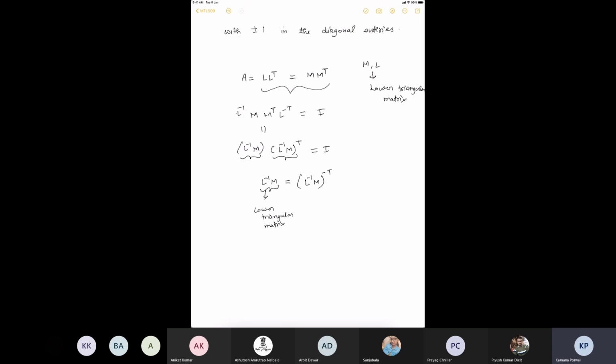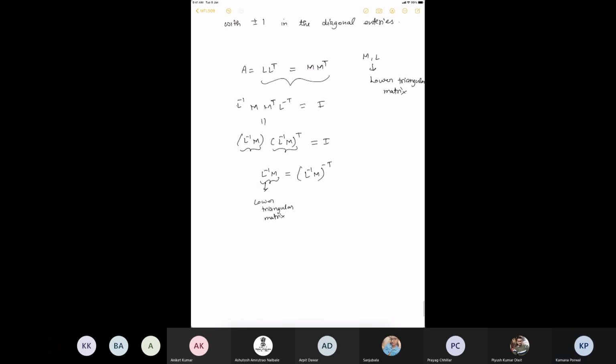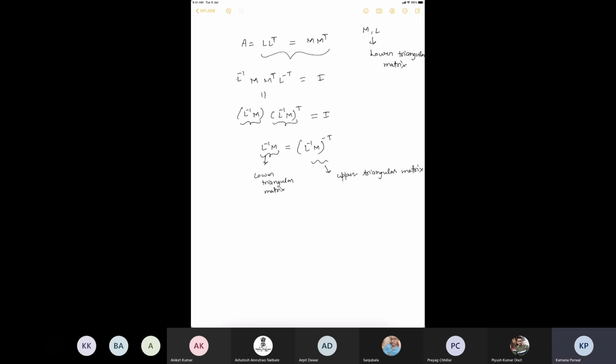Now this side, it's like L inverse M inverse and then the transpose of that, right? So L inverse M is a lower triangular matrix. Its inverse again is a lower triangular matrix. And what is going to be the transpose of that? Upper triangular. It's going to be an upper triangular matrix this side. And what this relation is implying is that the lower triangular matrix is the same as the upper triangular matrix.